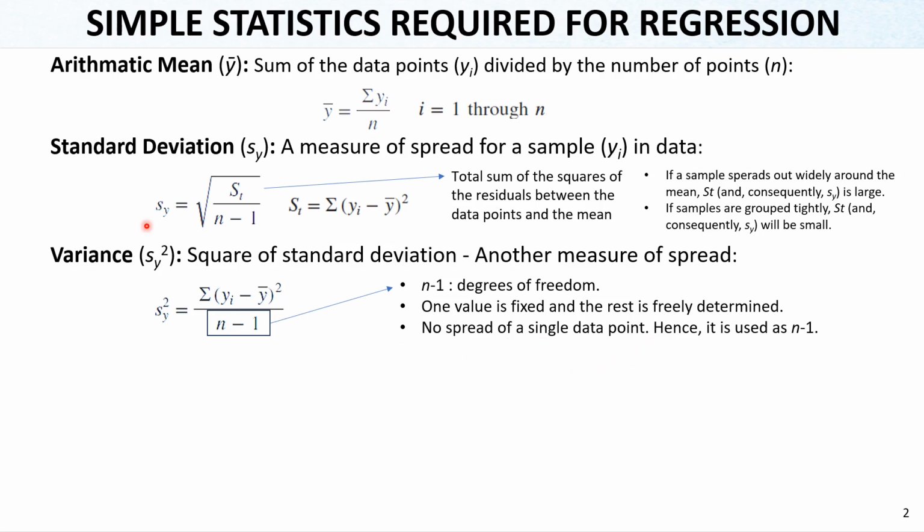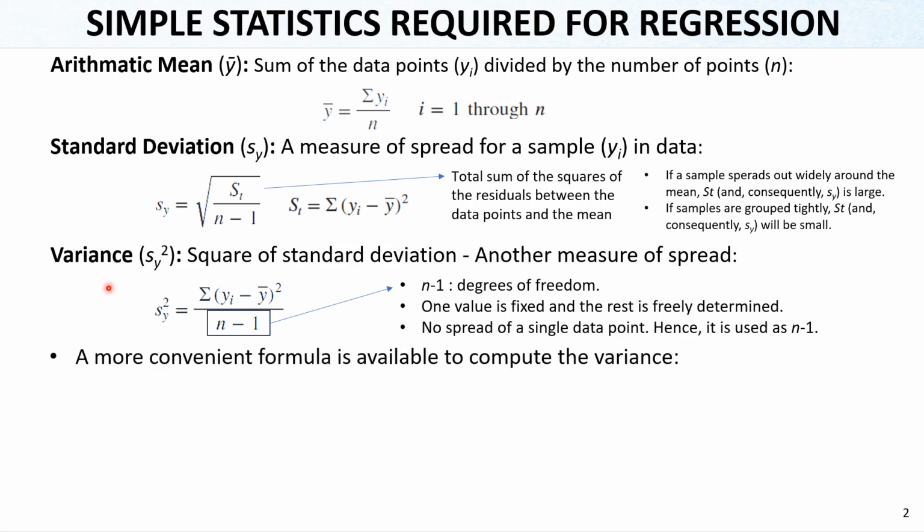If we have only one data point and want a standard deviation or variance, if we use n, there will be a spread between the mean and y, but because for one data point we will not have a spread or deviation, we try to make this infinity by having minus 1. 1 minus 1 becomes 0, which makes this not defined. So that's why it's preferred to use n minus 1 instead of n.